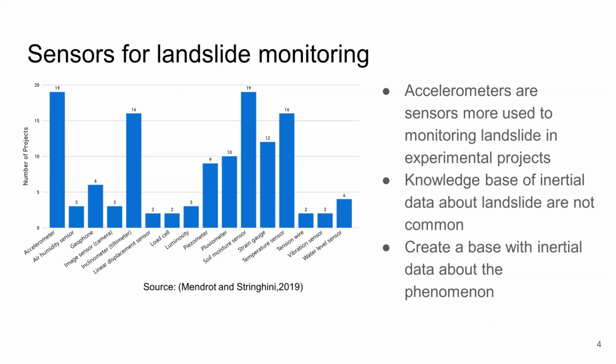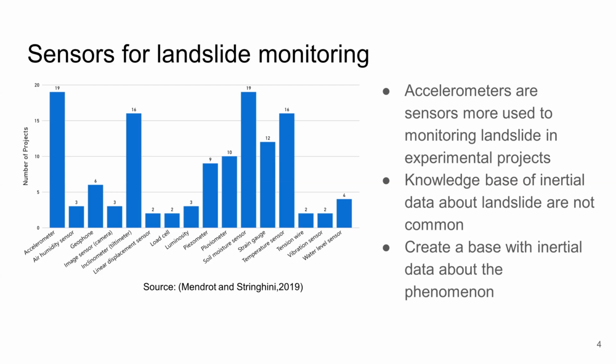Unfortunately, a base of inertial data is not common to find for experimentation in landslide phenomena. So the idea is to create a base of initial data about this phenomenon to understand how it is possible to monitor landslides using low-cost sensors, or inertial sensors like accelerometers.